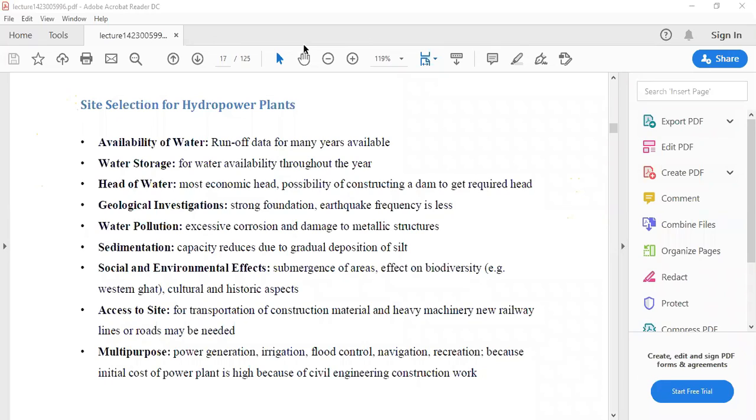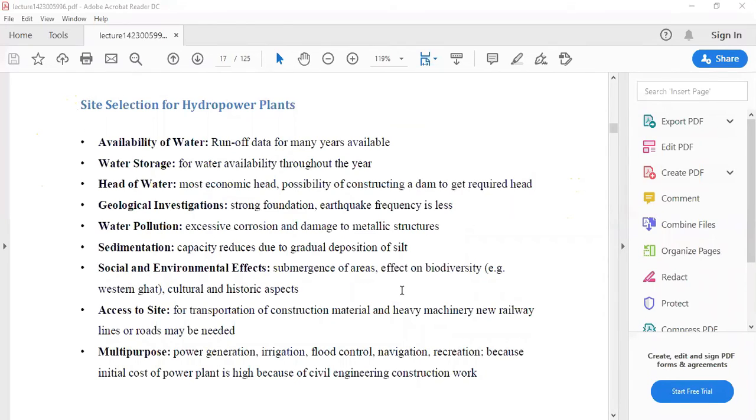So I can say that the Koyna hydroelectric power plant has an ideal site for constructing a hydroelectric power plant.